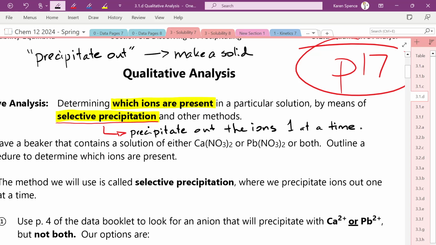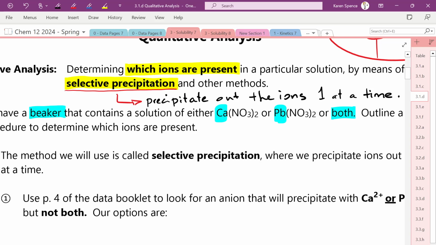So we have a beaker here in our first example. And it contains either calcium nitrate or lead nitrate or both. Now, when we say Ca, calcium nitrate, what do we really mean? Ca2+. And when we say lead nitrate, Pb(NO3)2, what do we really mean?